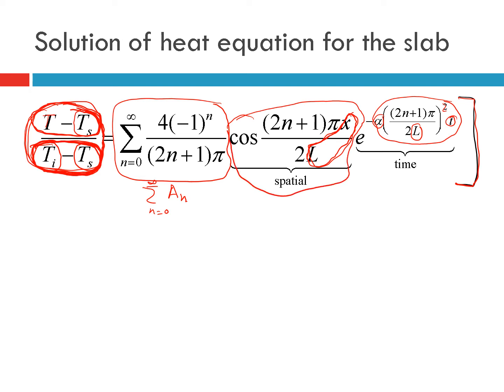Cosine comes from the heat equation having the second derivative in position. The heat equation looks like this: del T del t is alpha del square T del x square. So we have a second derivative in position. That's what led to the cosine term. And time has a first derivative, and that led to the exponential term.